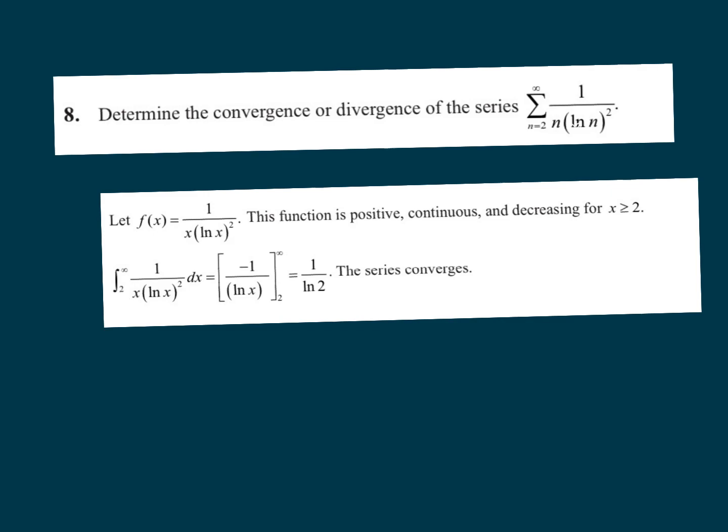What is the integral from 2 to infinity of the function 1 divided by x times (natural log of x) squared? What is the antiderivative of this function? The antiderivative is the function whose derivative is this function. It is minus 1 divided by natural log of x. You can do it by a change of variables. Let natural log of x equal u.